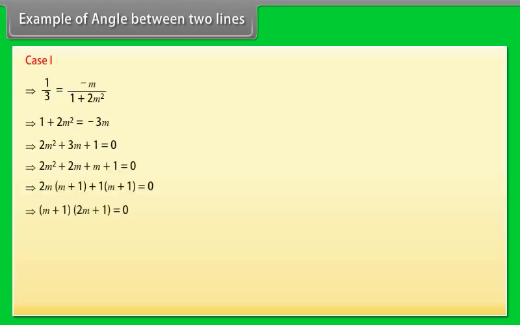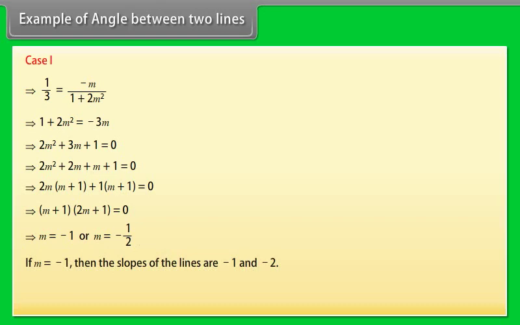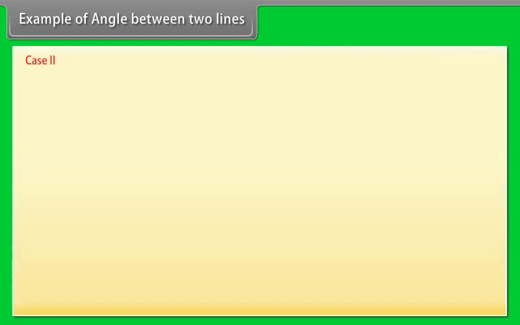On solving, we get m is equal to minus 1 or m is equal to minus 1/2. If m is equal to minus 1, then the slopes of the lines are minus 1 and minus 2. If m is equal to minus 1/2, then the slopes of the lines are minus 1/2 and minus 1.